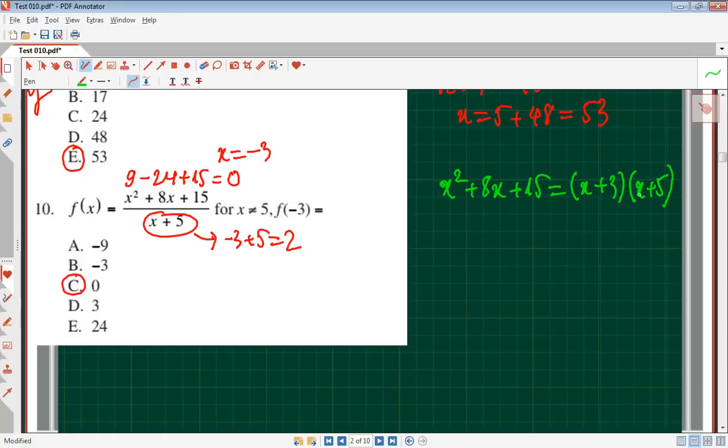We cancel x plus number 5, and we have the function. It is x plus number 3, and of course the final result is also 0.